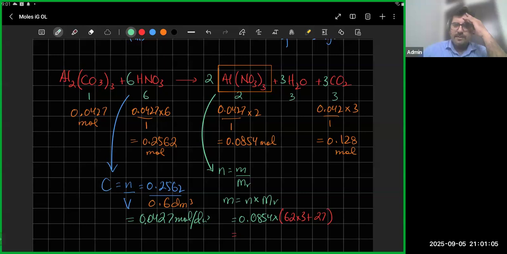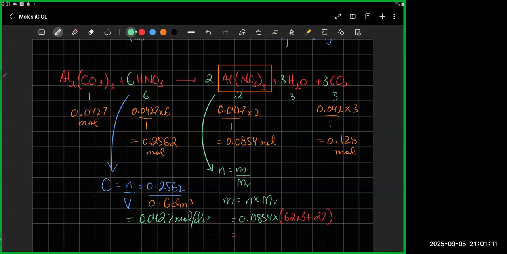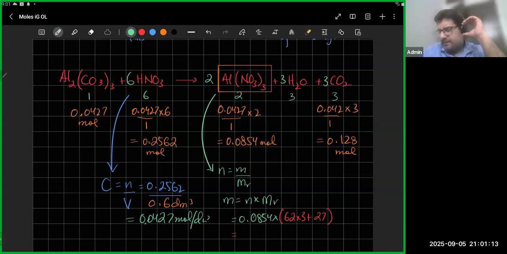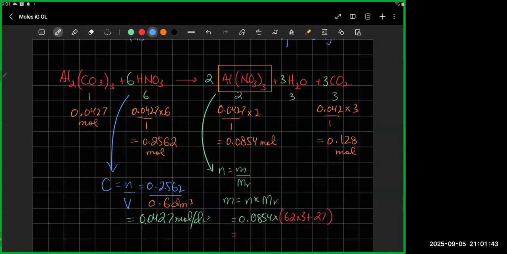Mass is moles multiplied by MR. Nitrogen is 14, right, sir? 14 plus 16 times 3 was 62. एल्यूमिनियम कितना होता है? 27.